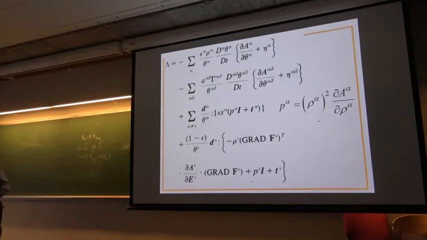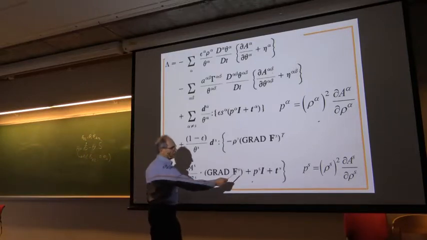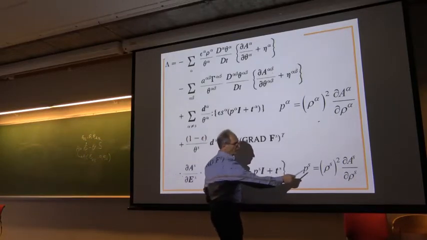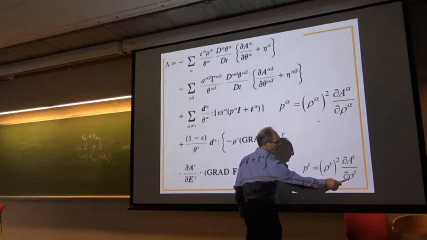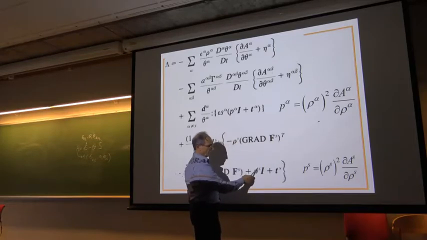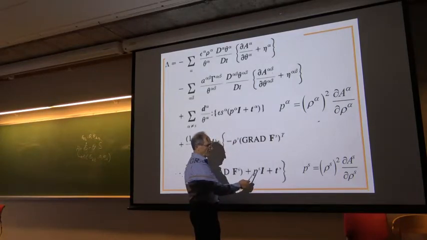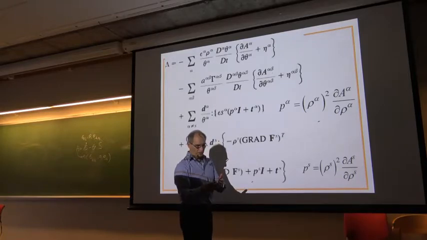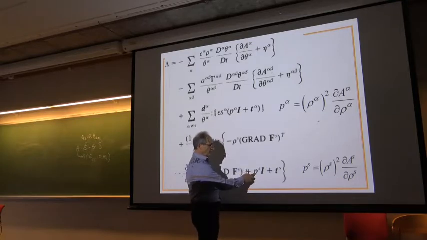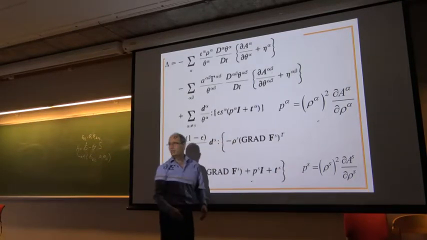And what is also interesting that comes out is that there is a term here relating to the change of free energy of solid with density of solid. It's a kind of pressure. And it's not in the Terzaghi formulation, which is related to fluid pressure. But here, it's not necessarily directly related.